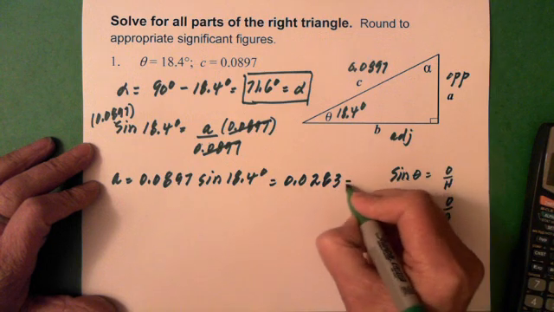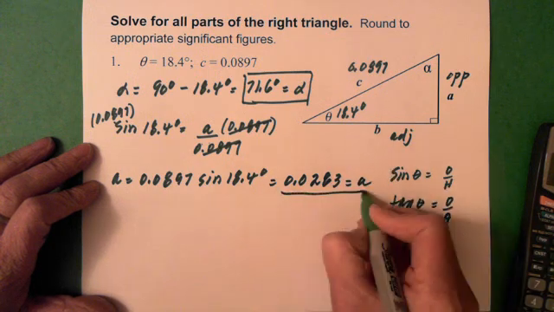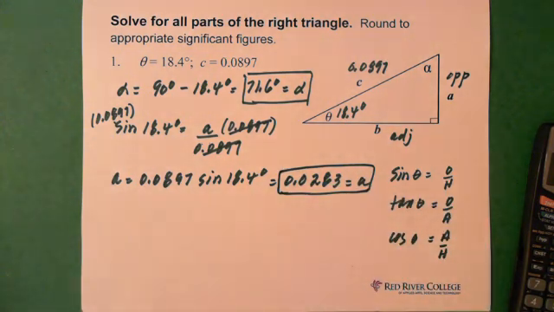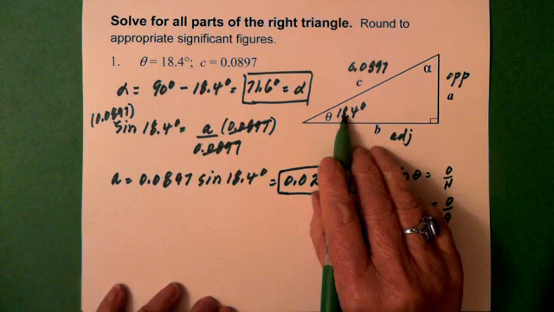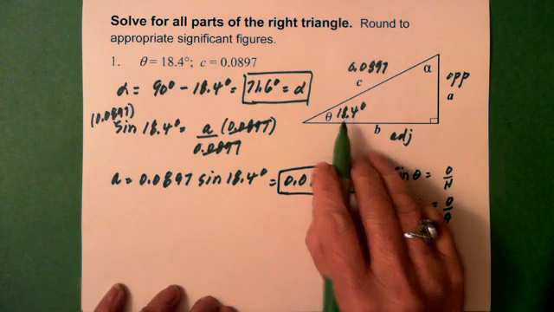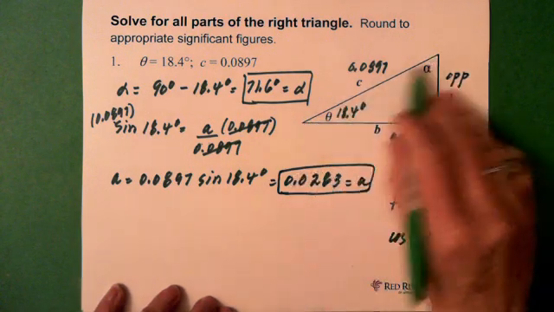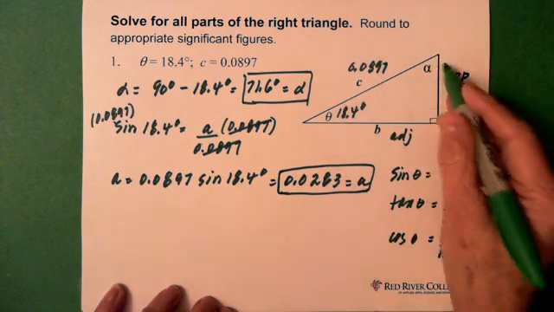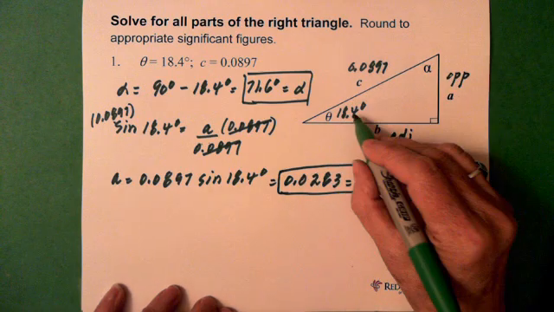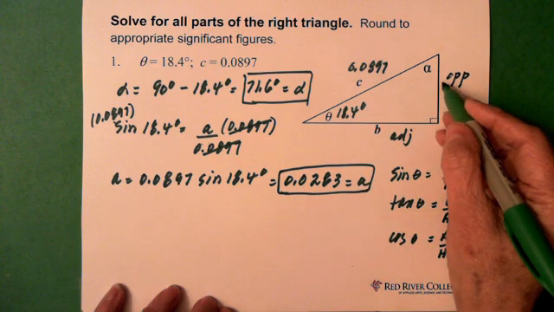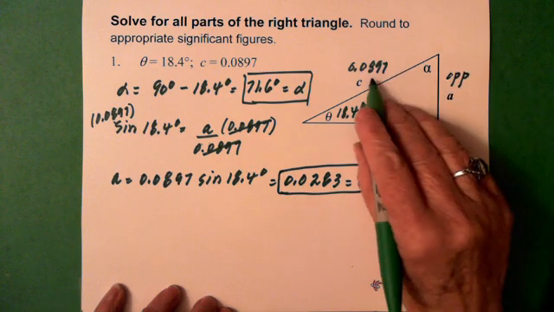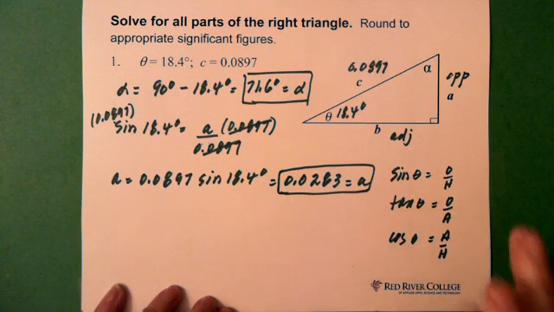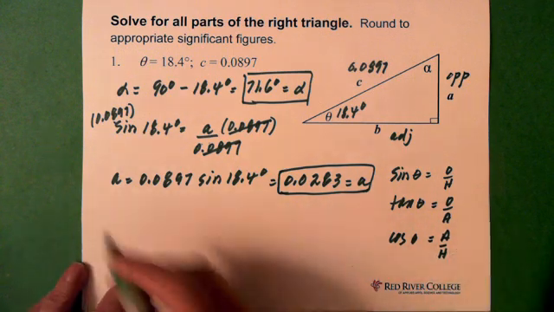Okay, and that is A. Now if we look at this, we can see that this angle is really small. We know that this number is kind of 8-ish, so this side has got to be, because of the size of this angle, quite a bit smaller than this side. And so we can say, oh yeah, it is smaller, so it's a reasonable answer.